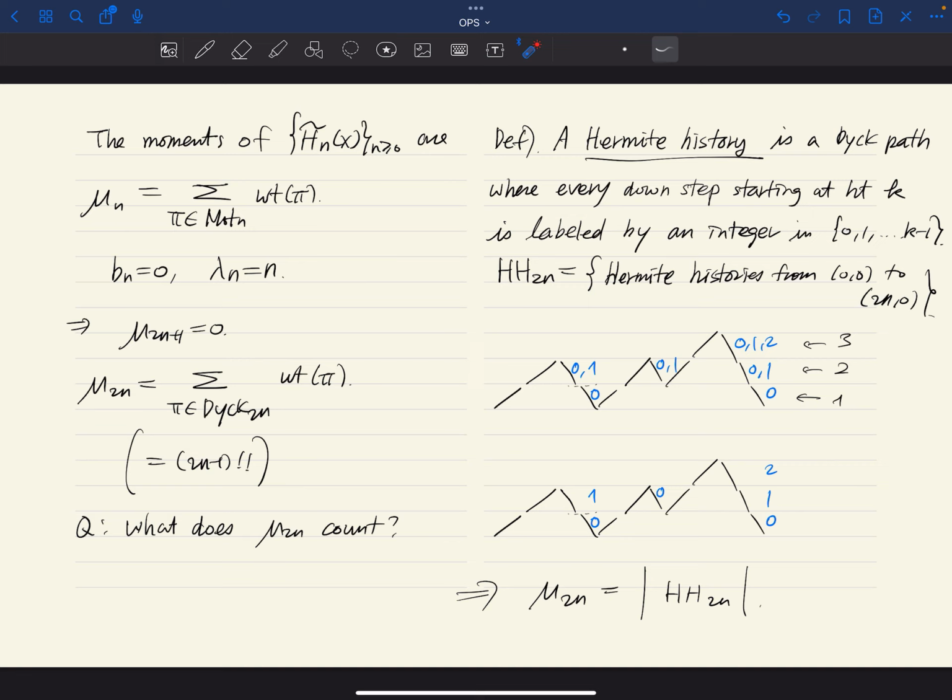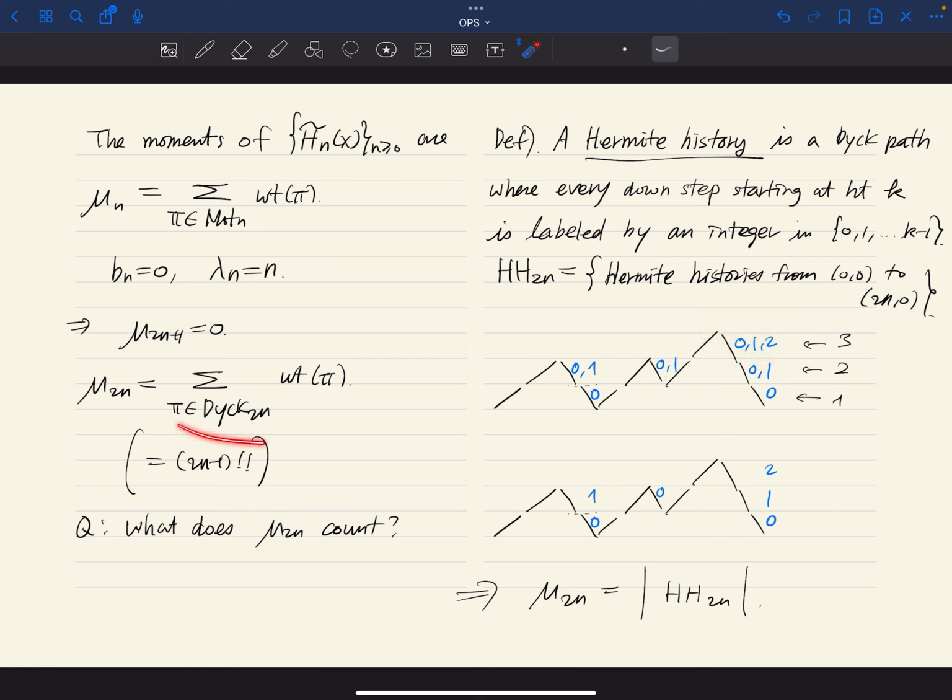Why is that? What is the weight? For each down step of level, say level i, we have to multiply by i. That means for each down step of level i, we have i possibilities.